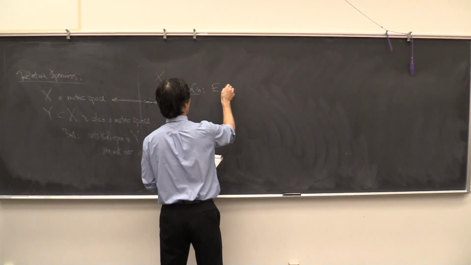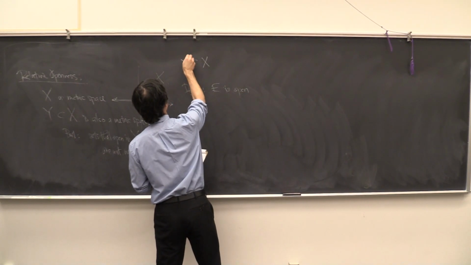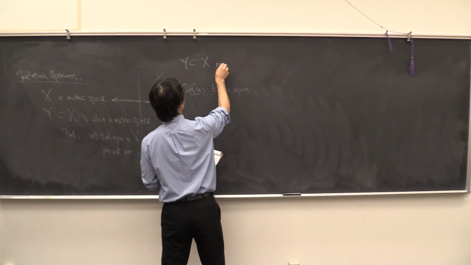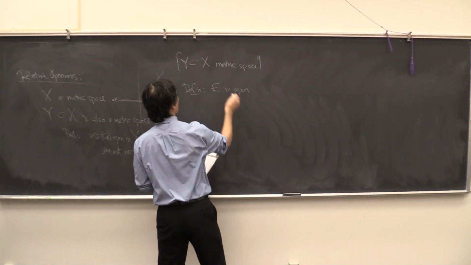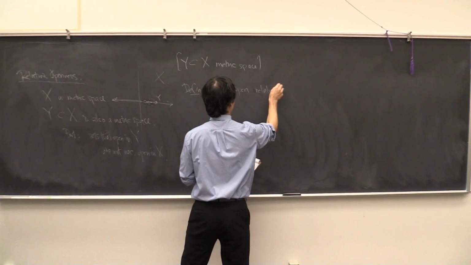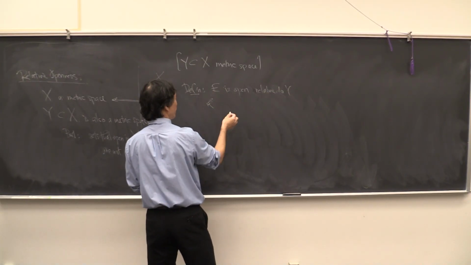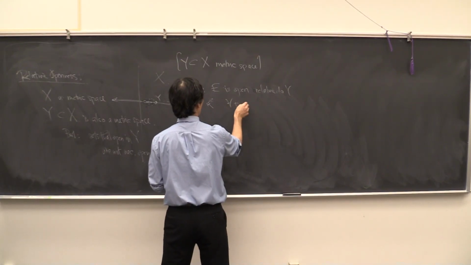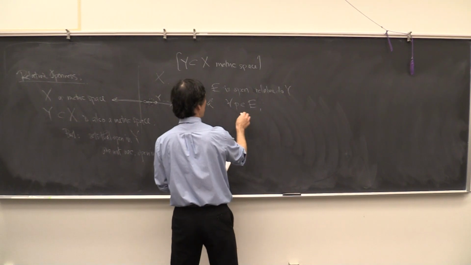Again, we have the setting X, Y, where Y is contained in X, in a metric space. E is open relative to Y if, and this is kind of what you would expect, for all points in E, every point is interior.